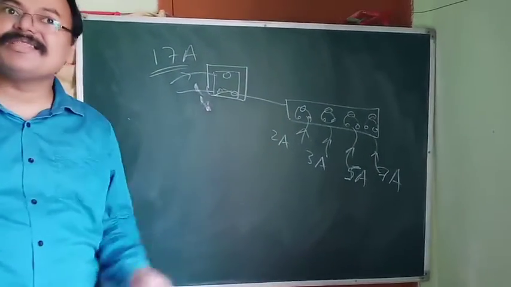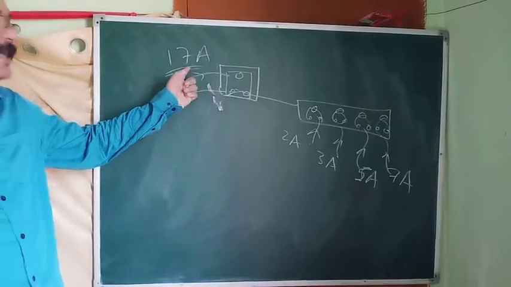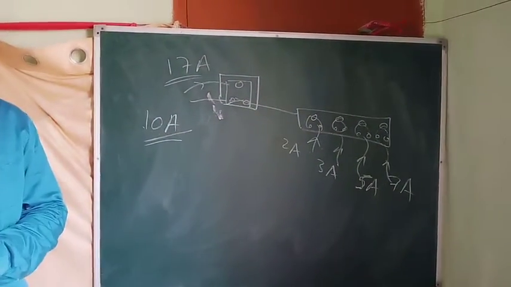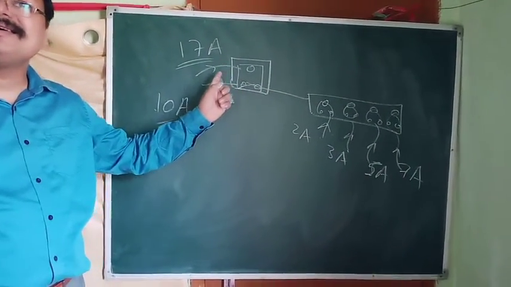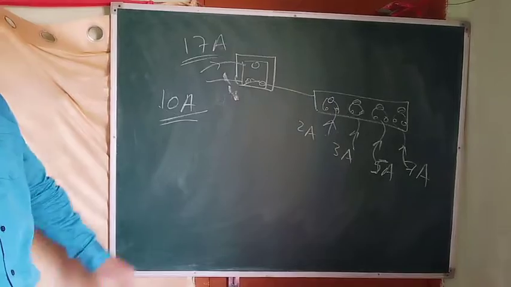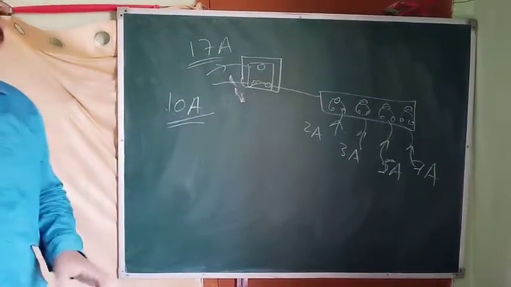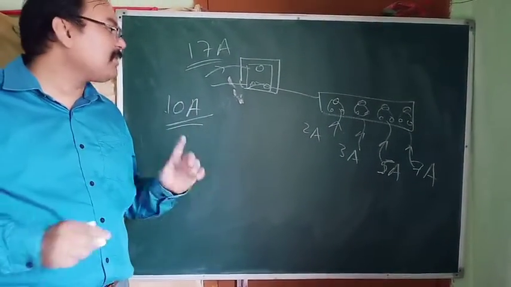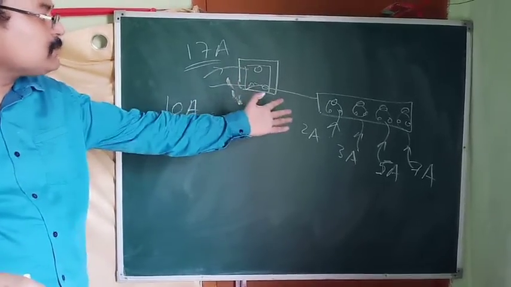Suppose 10 ampere of current. Then what will happen? More current is flowing through this, and it is capable of carrying only 10 ampere. So what do you expect? More heat will be generated, and this wire will get melted, and in that process it may produce a spark or catch fire. So your whole wiring will get burned, and that's why you must not do things like this.